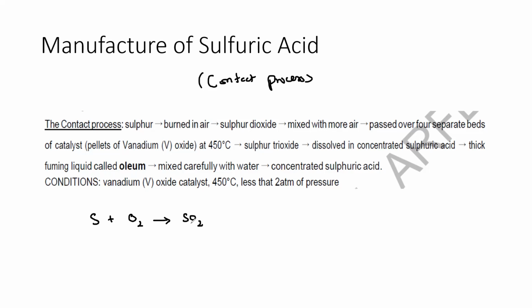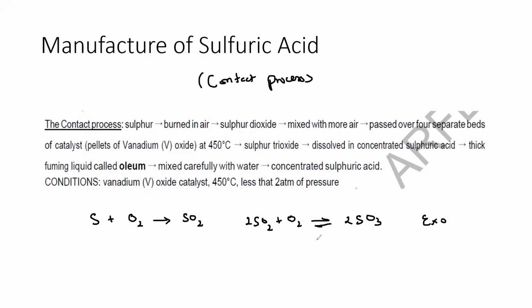Then this sulfur dioxide reacts with oxygen, but this is a reversible reaction. So we have to maintain certain conditions. The forward reaction is exothermic. For this reaction, you have to learn the reaction conditions.